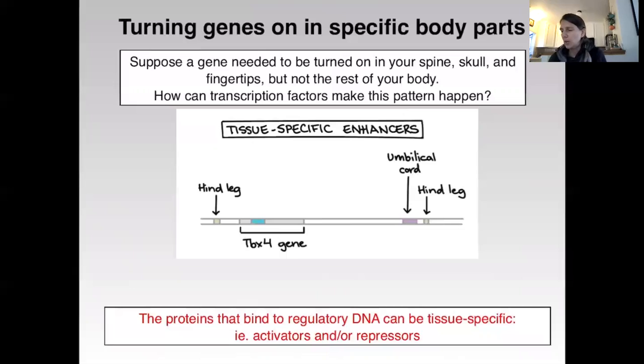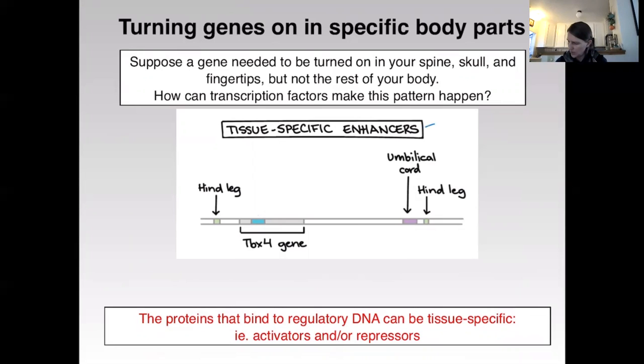All right, so let's give a scenario here. Suppose a gene needs to be turned on in your spine, skull, and fingertips, but not the rest of your body. So how can transcription factors make that happen, right? So here are our tissue-specific enhancers, right?